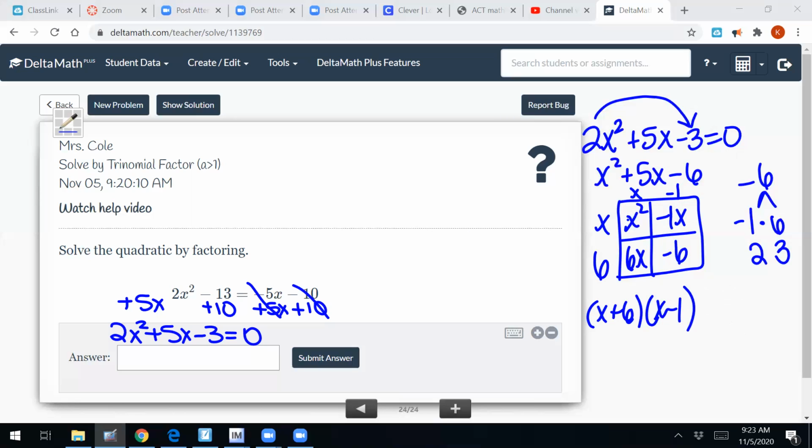I need to slide down the 2 and divide by 2. What's 6 divided by 2? That's 3. So this one's just x plus 3. What about 1 divided by 2? There you go. 2x minus 1. Now we can set it equal to 0.